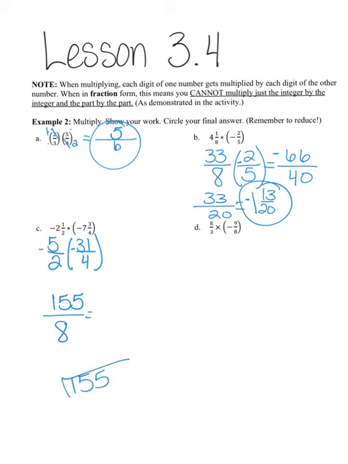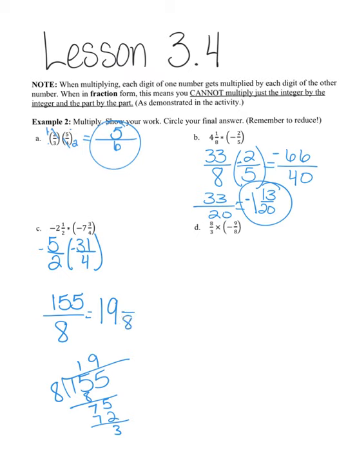So I'm going to divide 155 by 8. So I've got 19 as my whole number.